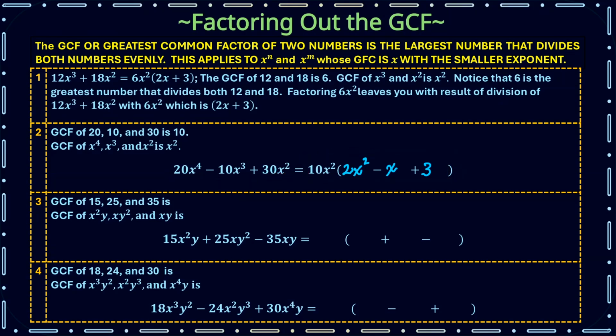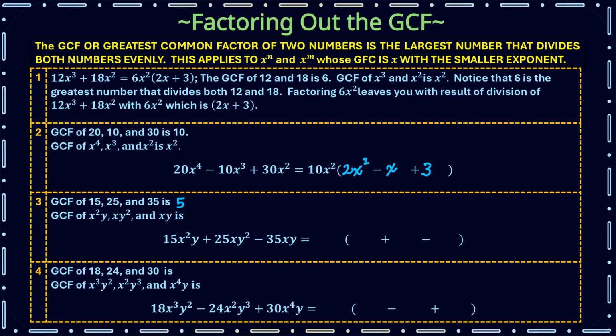Let's look at the third problem. We have another trinomial consisting of terms that have coefficients 15, 25, and 35. The GCF of these three numbers is 5. I can't think of another larger number that can divide these numbers. And for the variable parts, we have x squared y, xy squared, and xy.